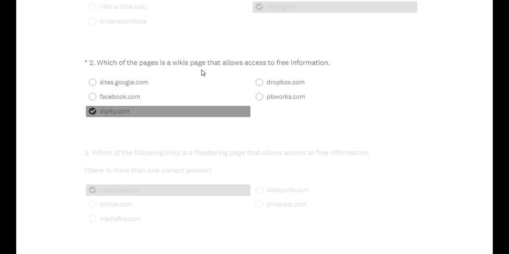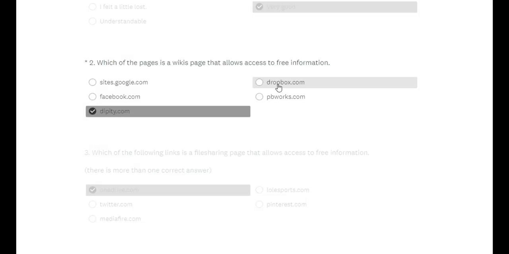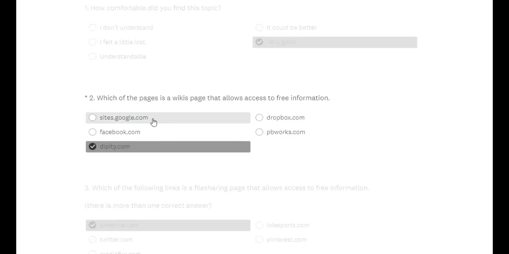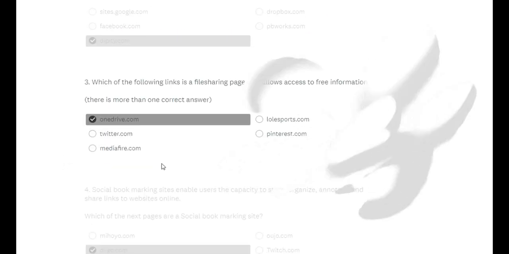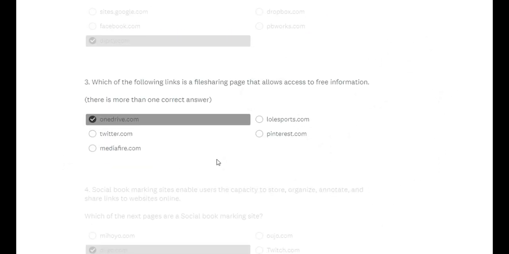As my partner Valentina said, it's GPT in this case, and the other ones are Dropbox, which is only file sharing, recipe works and Sites by Google, and Facebook, that is a social network. So the answer is very easy if you know the domain page. Also we have the same in this part, that is OneDrive, and also we can put another file sharing page, that is MediaFire, and that's the same with the next one.